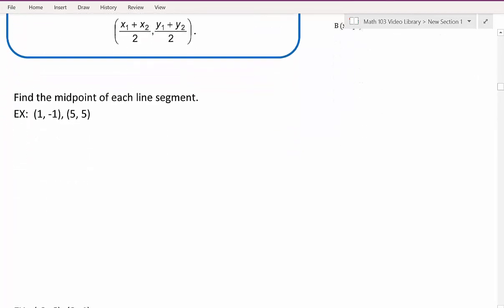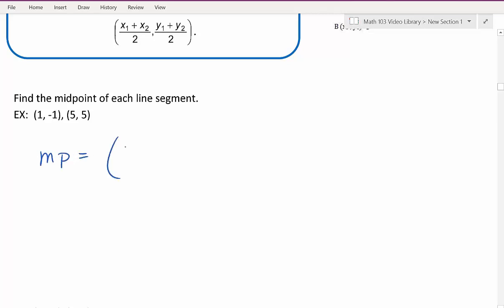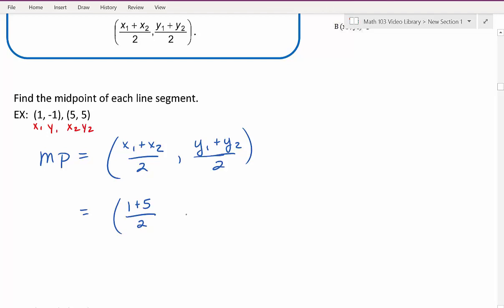So let's find the midpoint of a line segment given the endpoints. Our midpoint formula, (x1 plus x2) divided by 2, comma, (y1 plus y2) divided by 2. So for our x-coordinate, we're going to add 1 plus 5 divided by 2.